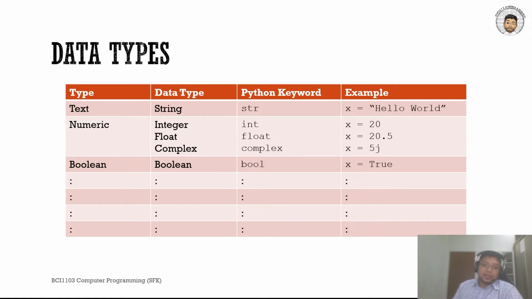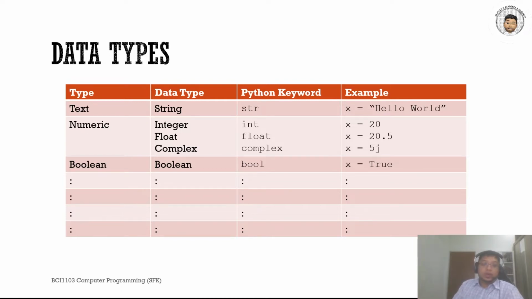For example, an integer goes from negative 30,000 something to 30,000 something, maybe more, depending on the OS. Float is a little bit less because it consists of the floating point number as well. So it depends on the OS itself or the programming language.